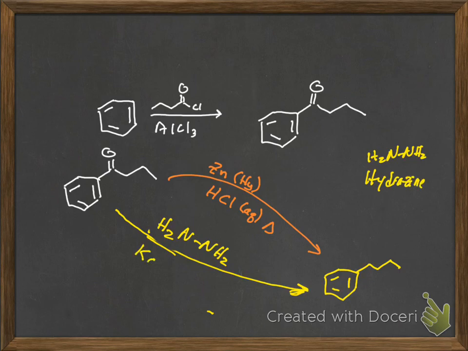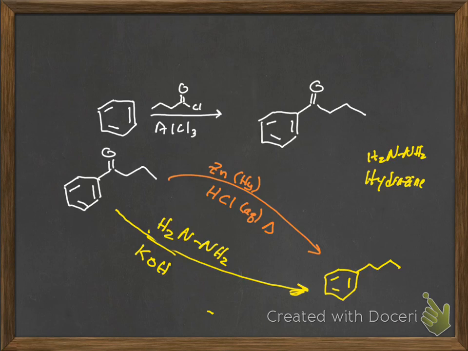Hydrazine with potassium hydroxide, and I can't remember if you need to heat this one or not, so I'm not going to be too worried about it. Now, the Wolff-Kishner, this is the Wolff-Kishner, it uses hydrazine and KOH to go down to the alkane. Again, the mechanism is known, but you've got enough on your plate right now. I'm not too worried about it.